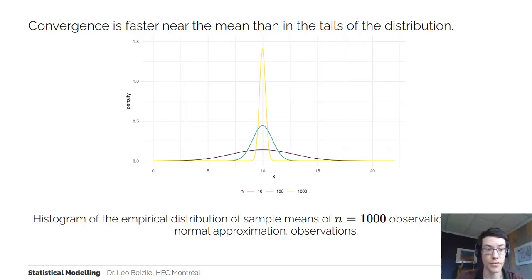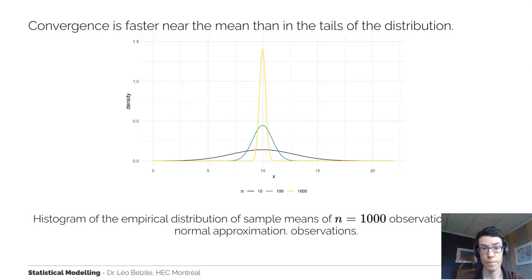The yellow one is for n equals 1,000, and you can see I'm barely within 1 unit of 10, which is more or less the sample mean and the true expectation of the distribution I was sampling from. So all of these curves are centered at the expectation, but as you increase the sample size, the variability of your sample estimate decreases, because you're keeping more information, so it makes sense that you're more certain about your estimator.